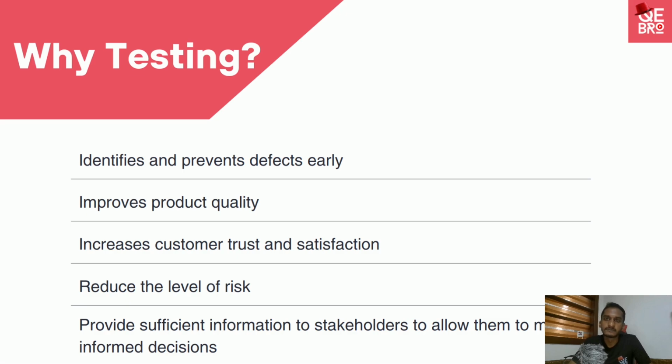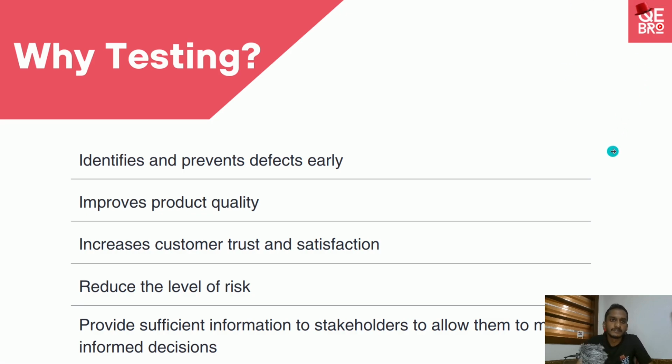So now the business team, the stakeholders, can decide whether we should deprioritize other work and prioritize fixing this first and then do the release, or release this with some known issues. They can make their decisions correctly if they have sufficient information. That's why testing is very important. Otherwise they will make decisions with insufficient information and it will cost later.